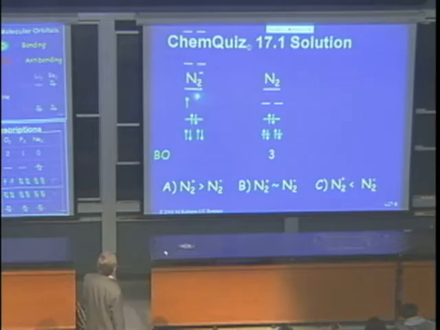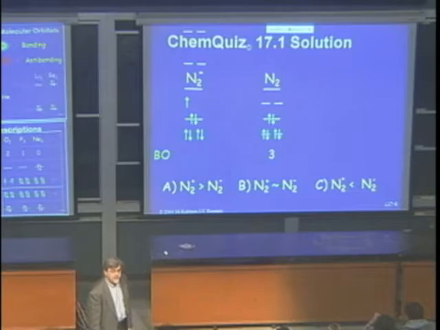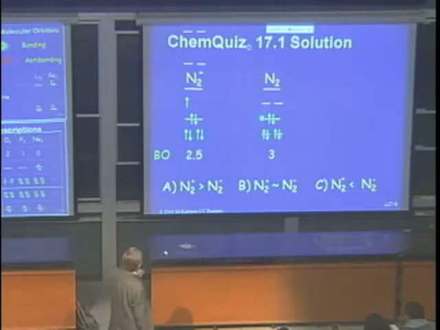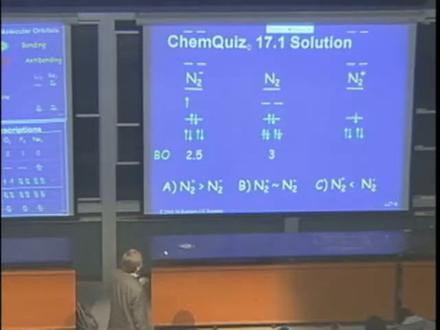So now let's add an extra electron. That goes here, all right? So this is bonding, 1, 2, 3, 4, 5, 6, minus 1 is 5, divided by 2 is what? 2.5, okay? So now we want to have the N2 plus, so we take this one away. See that?